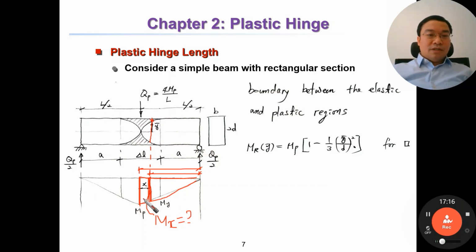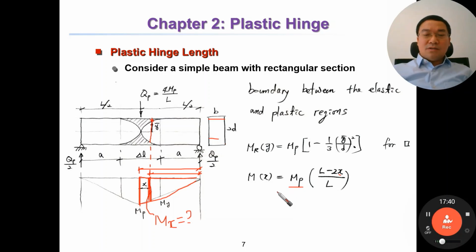So it is rectangular, so it is very simple to calculate Mx, right? So we have Mx equal to this. It is a function of Mp, L and x. Okay, so it is for structure and it is for section.